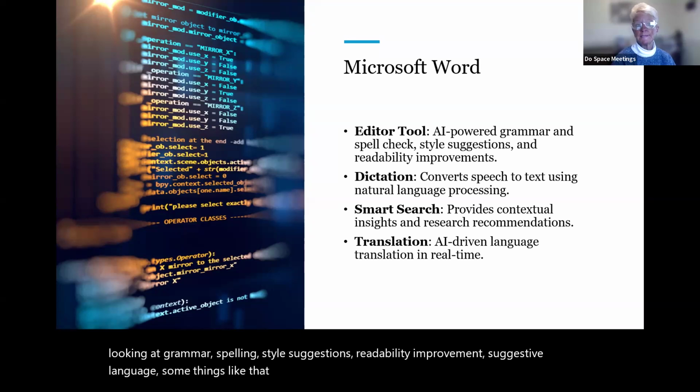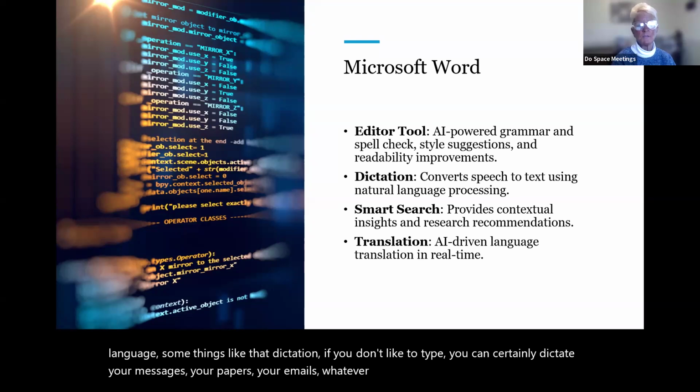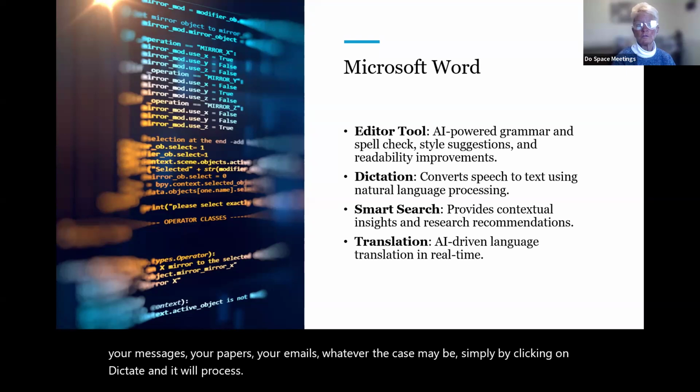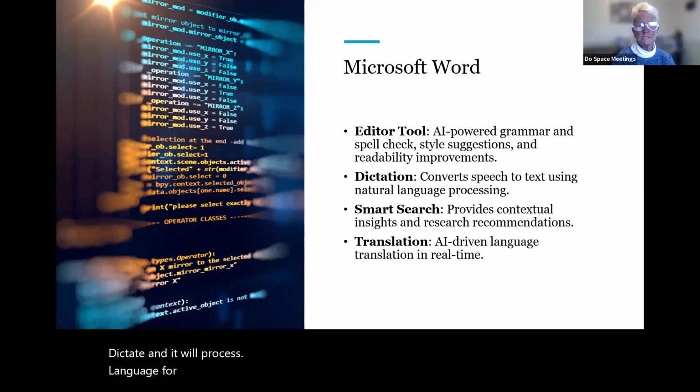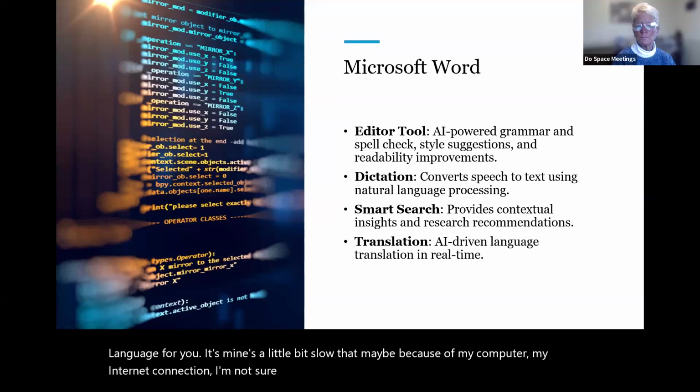Dictation: if you don't like to type, you can certainly dictate your messages, your papers, your emails, whatever the case may be, simply by clicking on dictate, and it will process your language for you. Mine's a little bit slow. That may be because of my computer, my internet connection. I'm not sure, but just to let you know that.